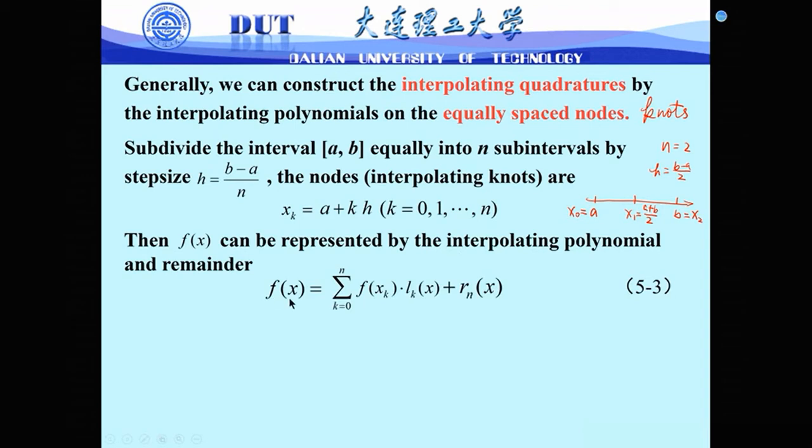So we can use, for example, the Lagrange interpolation formula to obtain a polynomial to approximate the function f(x), with the error term or remainder term denoted by R_n(x). Here f(x_k) are the discrete function values at the nodes x_k, multiplied by the Lagrange interpolation basis functions l_k(x).